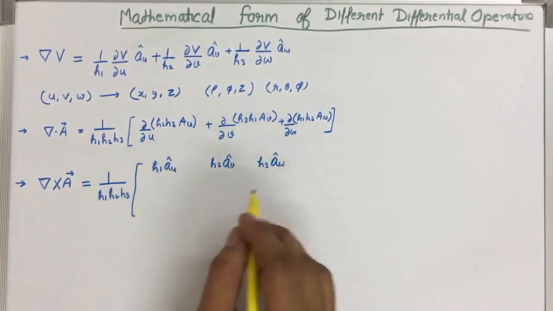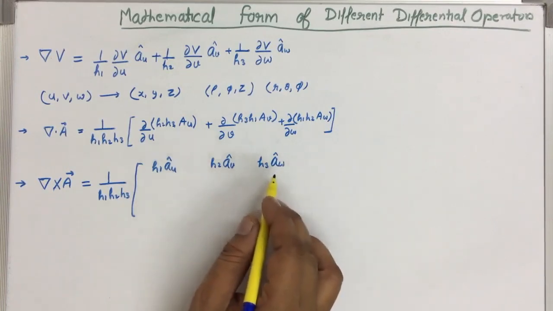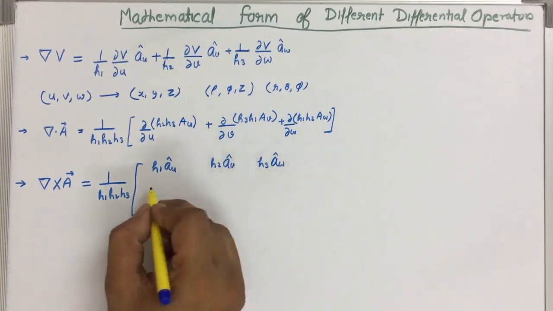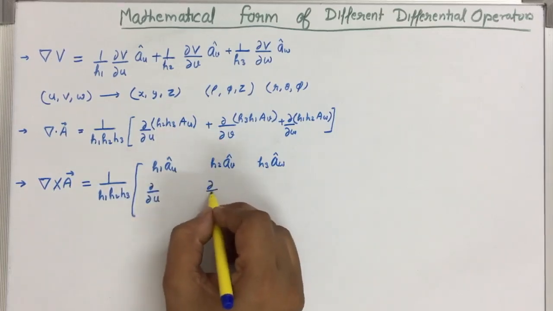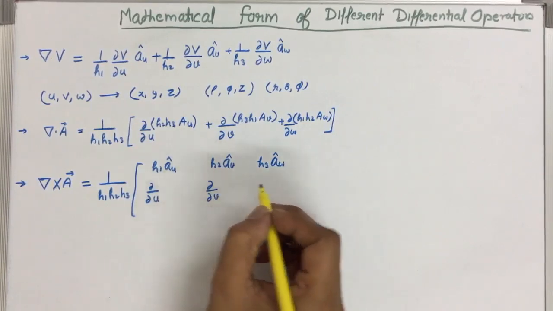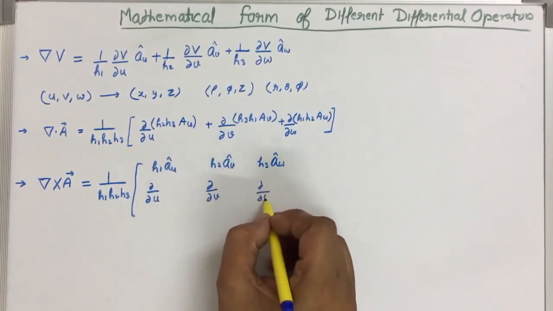The first row will occupy these elements, and here d over du, d over dv, d over dw.